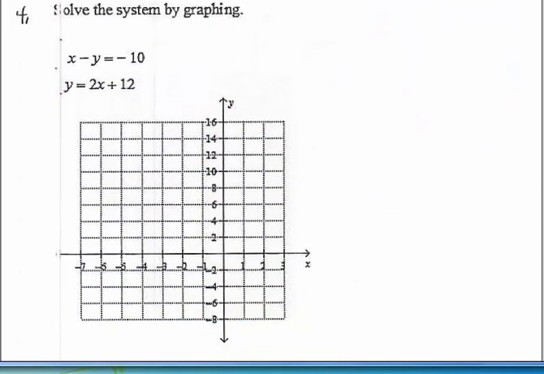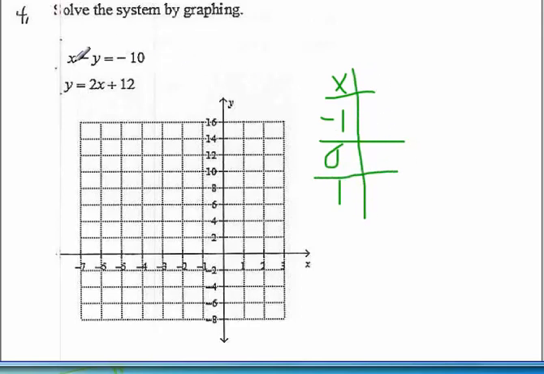Let's solve this system. Hopefully I won't make a mistake with this one. I'm going to plot points with this one, and I'm going to use slope and y-intercept on the second one to show you versatility. So we're going to plug in -1, 0, and 1. When I plug in a -1, I'm just going to switch these two places, so I get x plus 10 is equal to y.